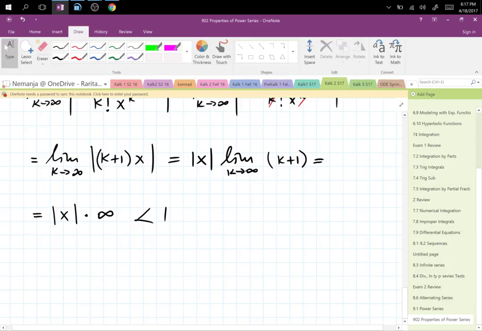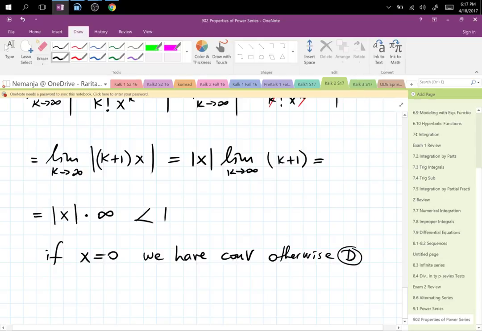And in that case, the only case, 1 point. So if x equals 0, we have convergence. Otherwise, it diverges.